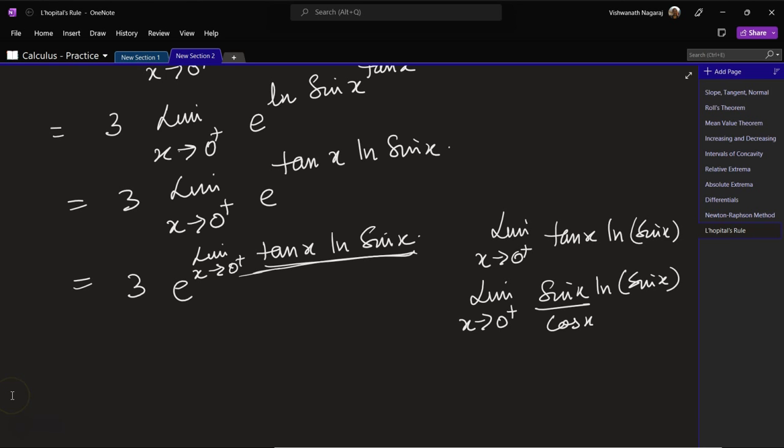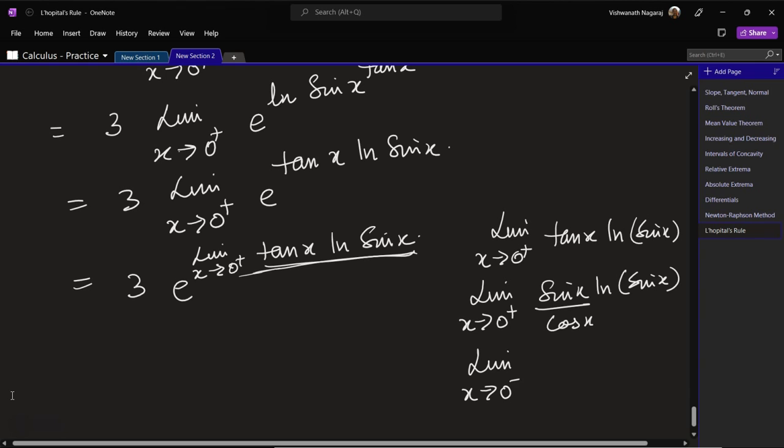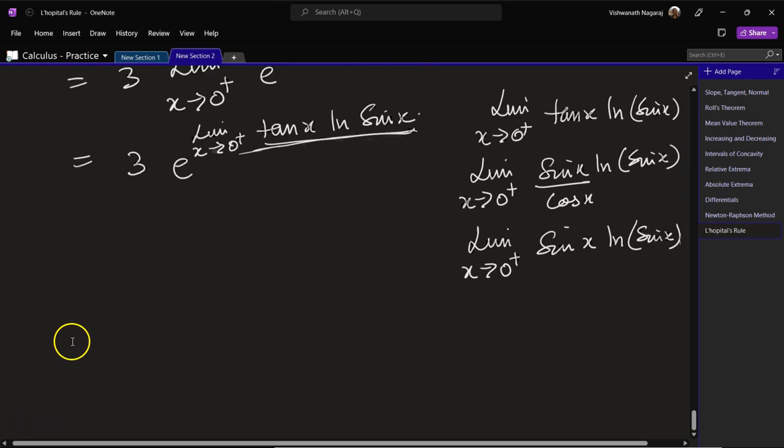Now remember, again we can split this limit into numerator and denominator separately, and let's take the limit of the denominator, because cos 0 is 1. Since cos 0 is 1, we can ignore it. So the limit as x approaches 0 becomes sin x natural log of sin x. So that is what we end up with.